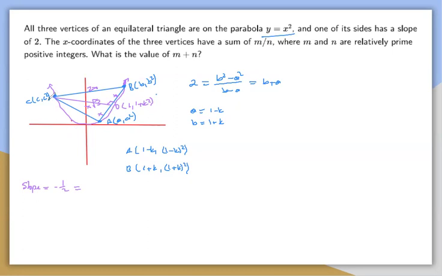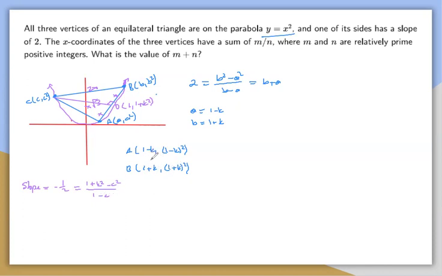If I take the slope now, maybe I should start with this one: 1 plus k squared minus c squared, that's the difference of the y's, divided by 1 minus c, because this is 1 and this is c. So that's my slope. Okay, let's keep this for now.